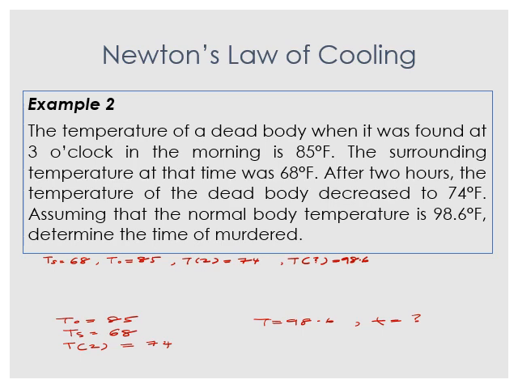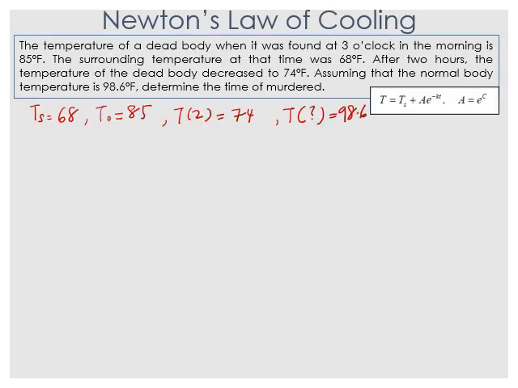So let us start. First, we'll use this solution: T equals Ts plus A exponent negative kt. The capital T is the temperature, Ts is the surrounding temperature, and the small t is the time.